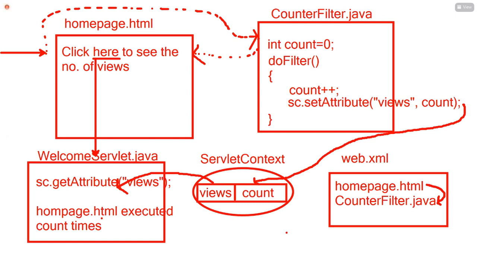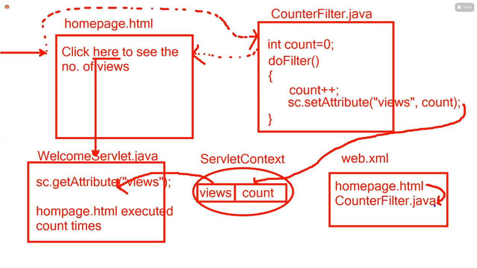Now you observe here. First of all, you send the request to HTML. But already in XML, whenever a request comes to homepage.html, divert the control to counter filter. Then control is diverted, and counter filter is executed.